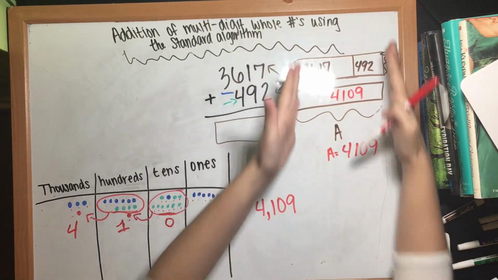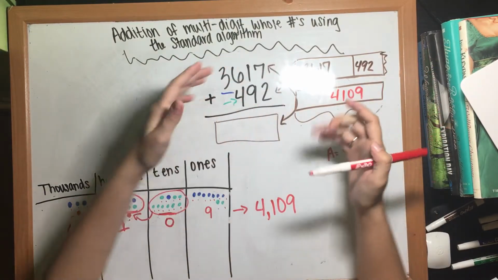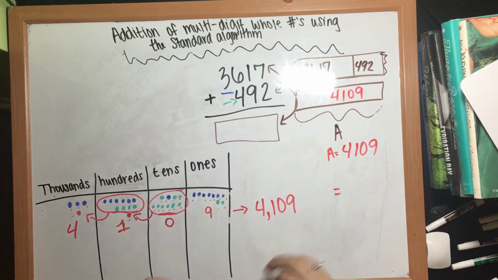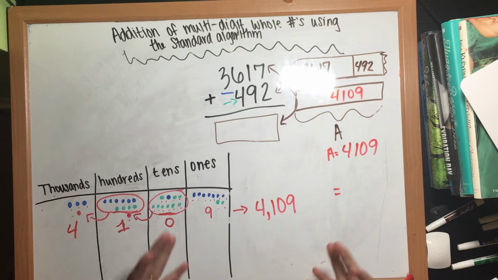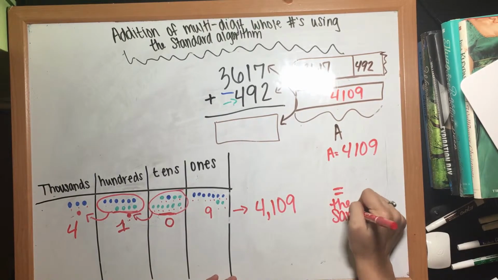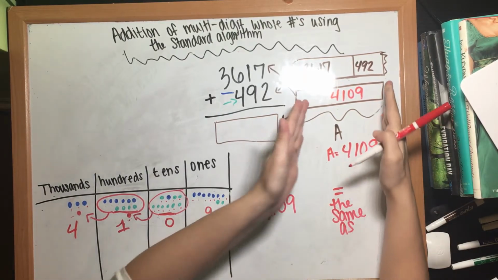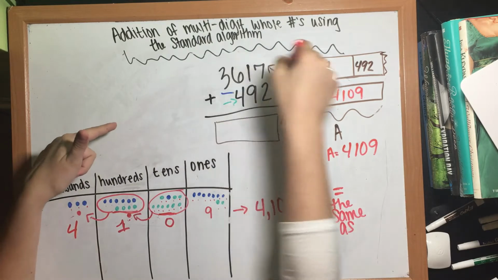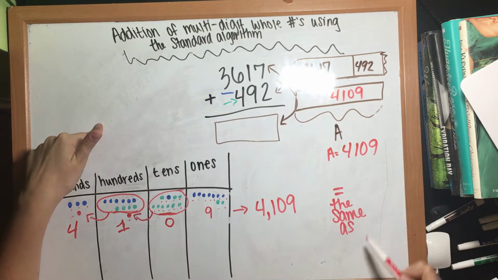And this right here shows them that the equal sign doesn't mean just equal, because if they don't understand what that means, it's not going to click with them. This also means the same as. Both sides of this equation, if it was sideways of course, are the same.